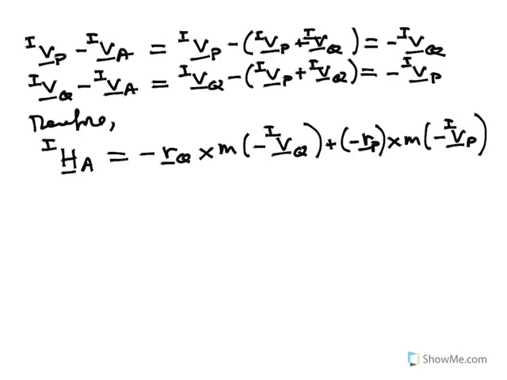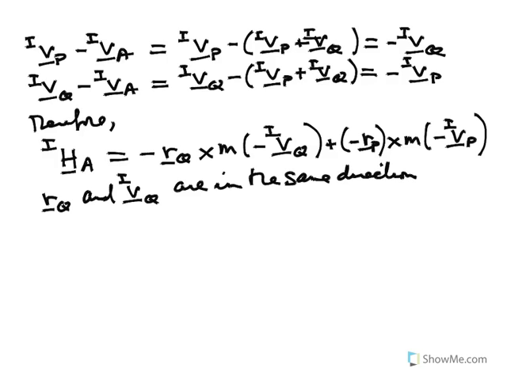Now look at something. You'll notice that RQ and VQ in I are in the same direction, which implies that RQ crossed with VQ in I is equal to 0.